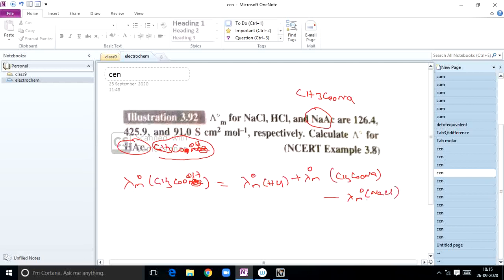If you want, you can derive this relation and later substitute. Lambda m naught of HCl is given as 425.9, plus 91, minus 126.4. Finally, if you substitute, you will get 390.5 Siemens centimeter square mole inverse. Very easy sums.